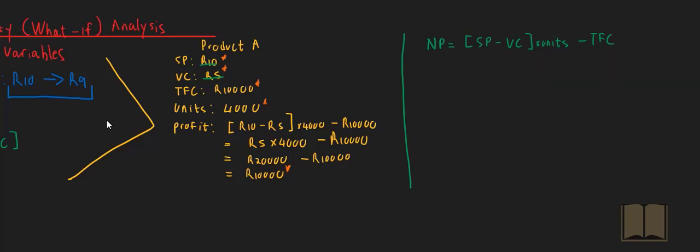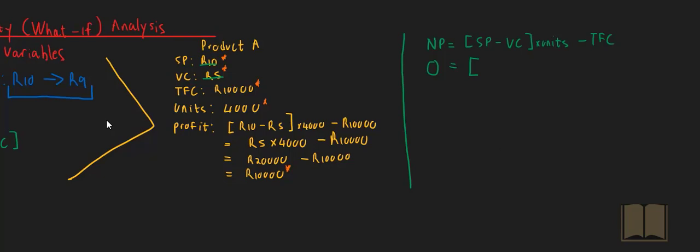So now the variable of interest is variable cost. We're looking at the sensitivity of our profit to a change or an increase in the variable cost. Making your net profit 0, which would indicate a break-even point, you plug into the equation all the values as per the original question, save for the variable of interest, which is your variable cost.